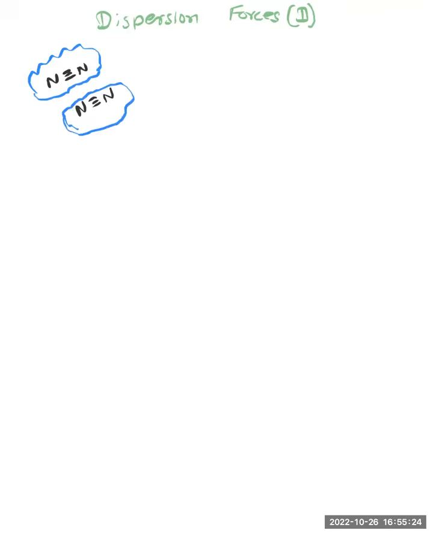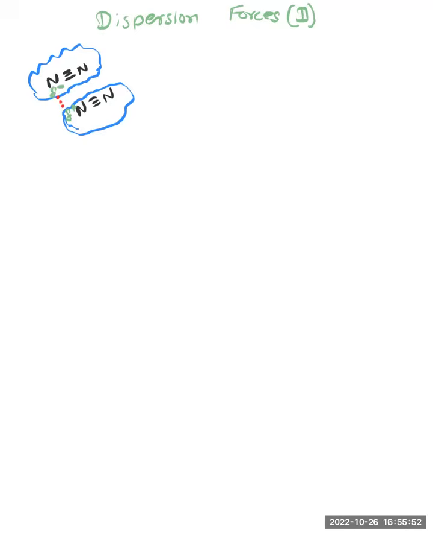Now, just because these molecules are getting closer to each other, that is enough for their electron clouds to be perturbed or disturbed. Once the electron clouds are disturbed, that means they're going to have induced partial charges. Let's say that we have a partial positive charge here and a partial negative charge here. They are going to be attracted to each other, because opposite charges are attracted to each other.